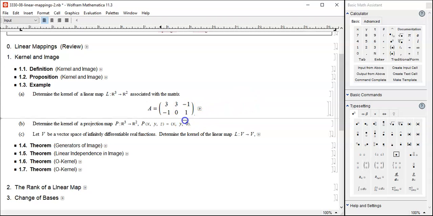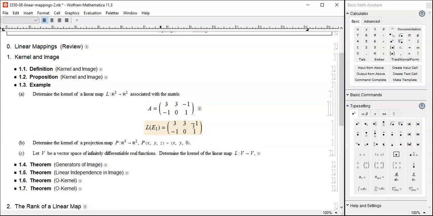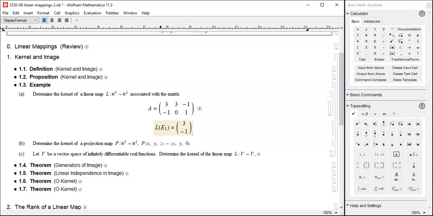So what conclusion can I draw from here? L of E1 is 3, -1. L of E2 is 3, 0.